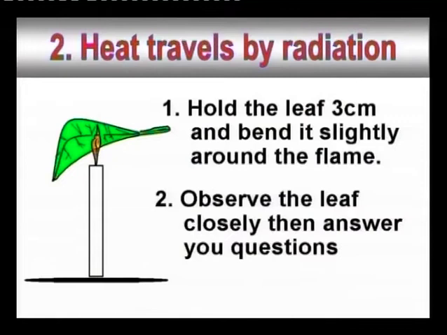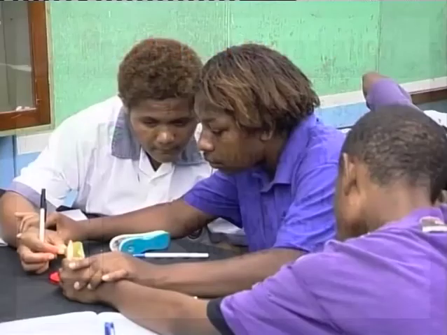You have two questions. Looking at your leaf, you should be answering the two questions by now. When you finish, we shall move to our activity number 3.